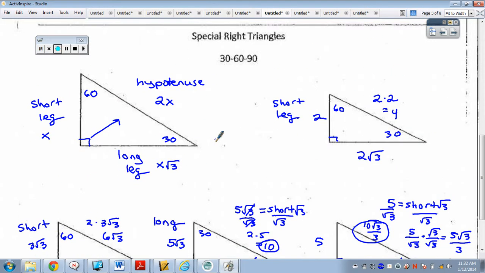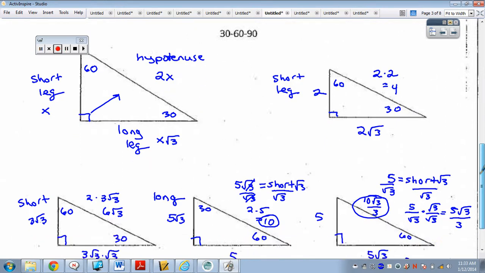For a 30, 60, 90 triangle, the side across from the 30-degree angle is your short leg. The side across from the 60-degree angle is your long leg. And the side across from the 90-degree angle is your hypotenuse. You take your short leg and multiply by root 3 to get your long leg, and you take your short leg and multiply by 2 to get your hypotenuse.